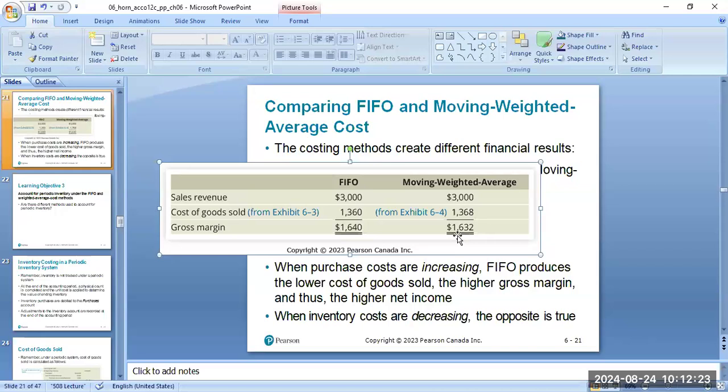Now you're going to say, $8 difference is not that big of a deal. We're talking about only 20 units of ending inventory. Imagine if you have, and this is only one item, imagine if you have 1,000 items of inventory.